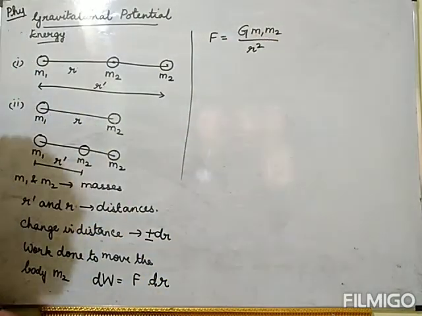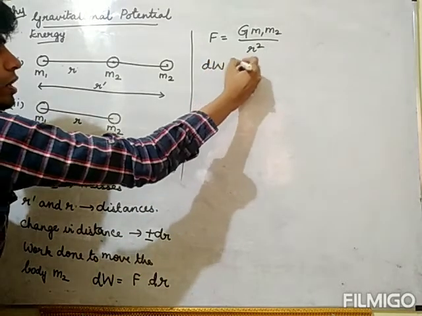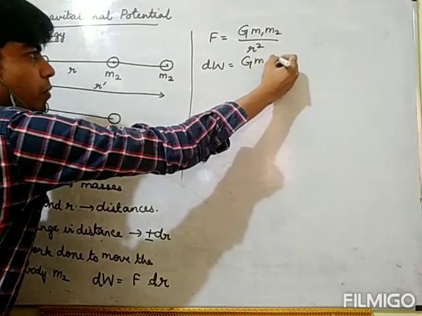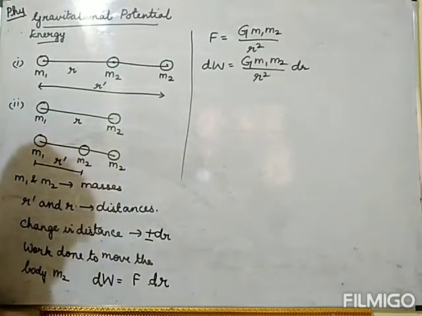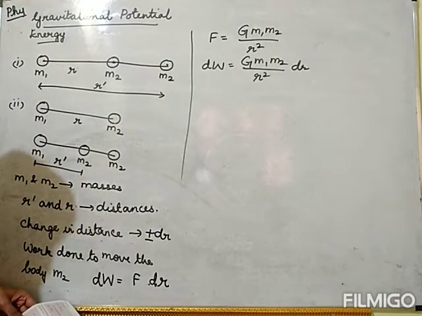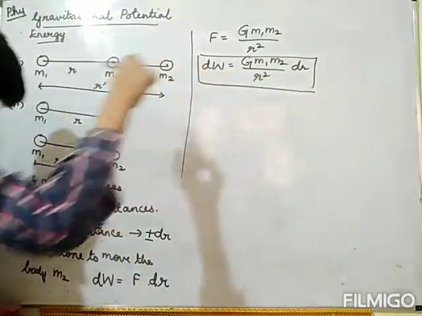Substituting this here, dW is equal to G m1 m2 by r square into dr. This is the small work done.